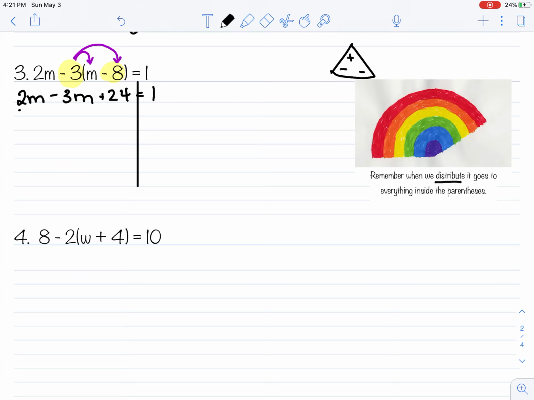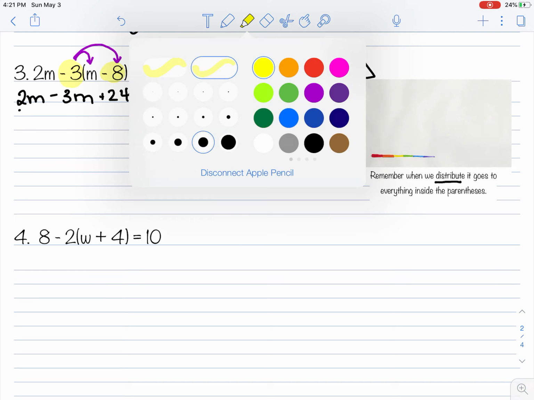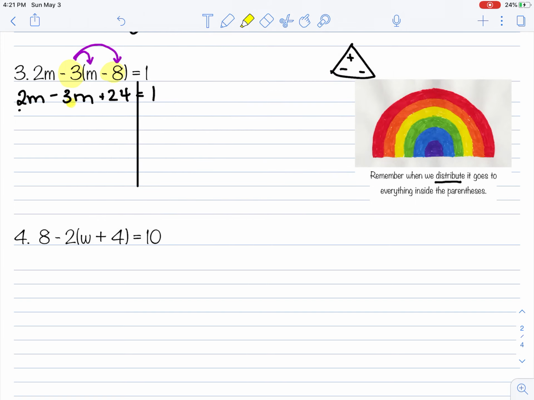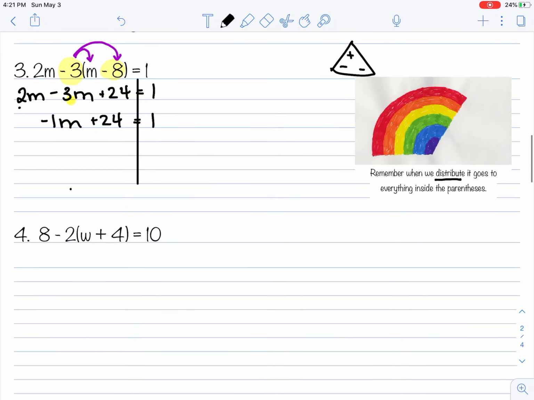So if I combine these like terms, I now have 2m minus 3m, which is equal to -1m plus 24, and that's still equal to 1. Remember, I'm trying to get this to be a positive 1m, so I need to get the m by itself.